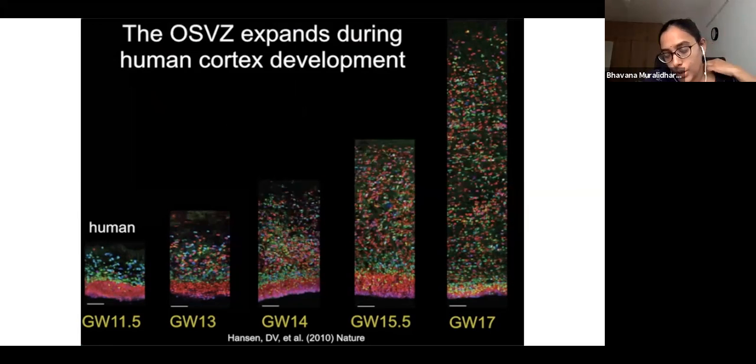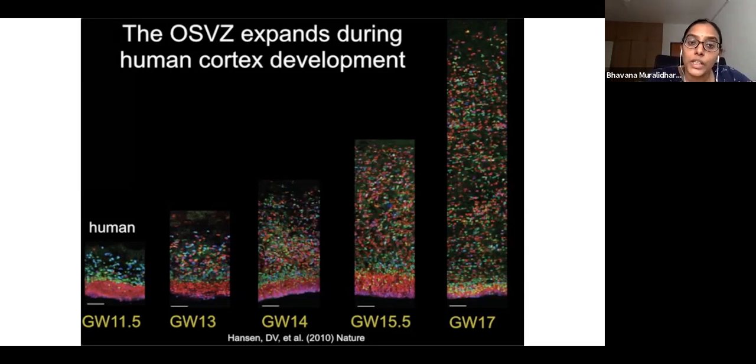This mitotic somal translocation is very different in the sense that the INM depends on microtubules, actin, dynein and centrioles for its movement. Turns out the mitotic somal translocation doesn't rely on any of these. Instead, it relies on a non-muscle myosin, the Rho and ROCK NM2 pathway for this movement.